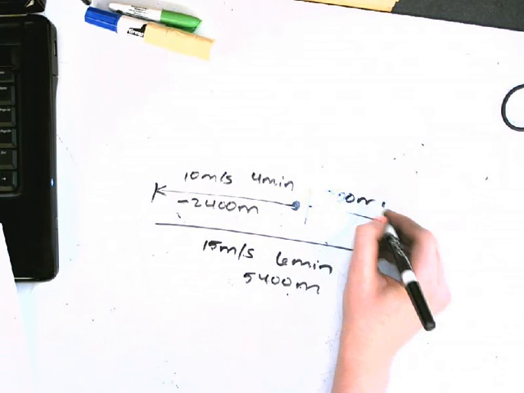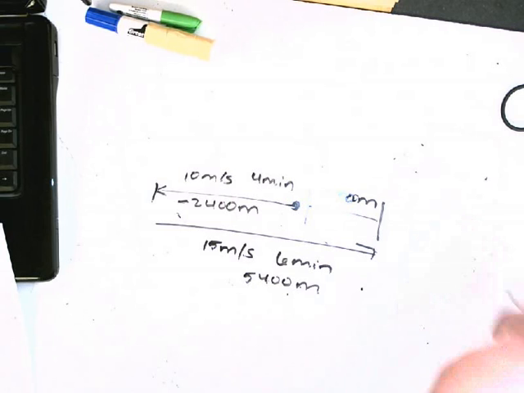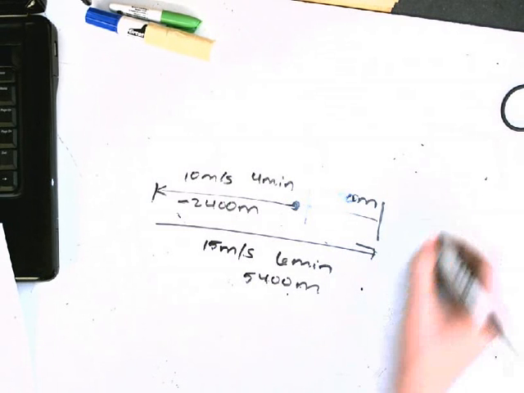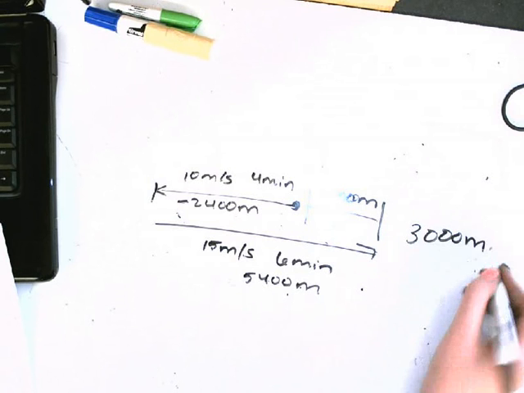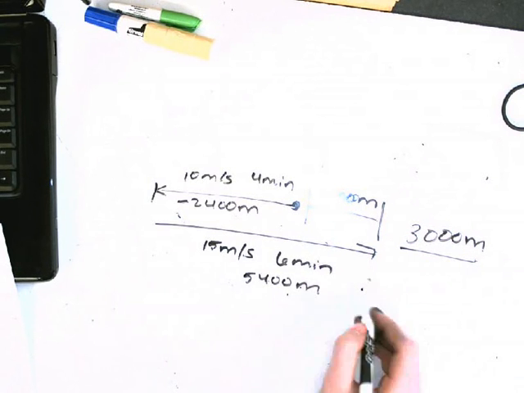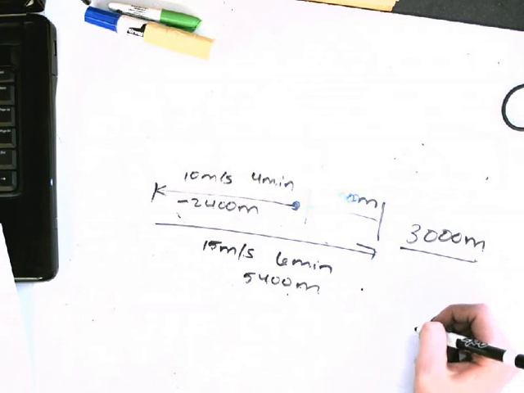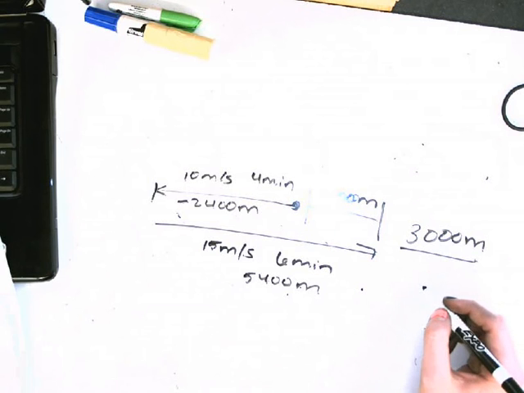So, if you take your displacement, which is 3,000 meters, over the total time it took, which was 4 minutes in this direction and 6 minutes in this direction, that would be, oh, but it stops for 1 minute here.